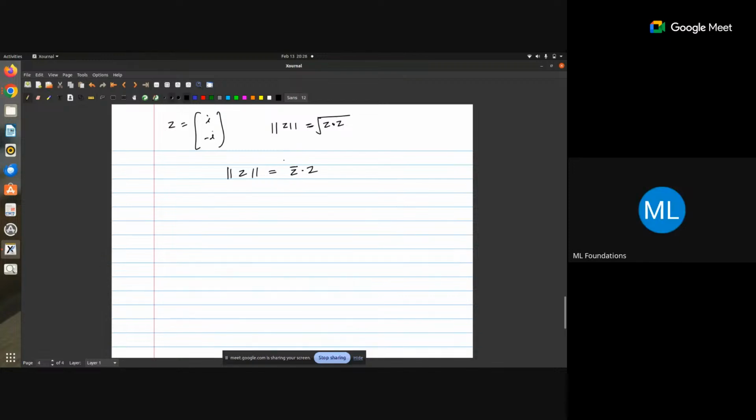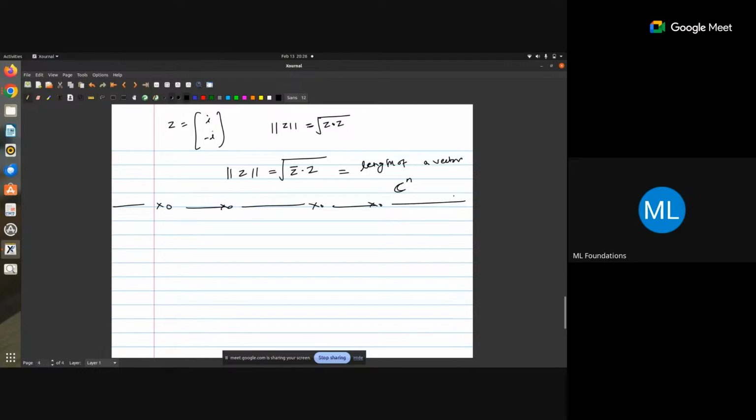Conjugate of this, and this will give me the length of a vector in a complex vector space. So I think these are the basic things we need to understand for the further discussion, right?